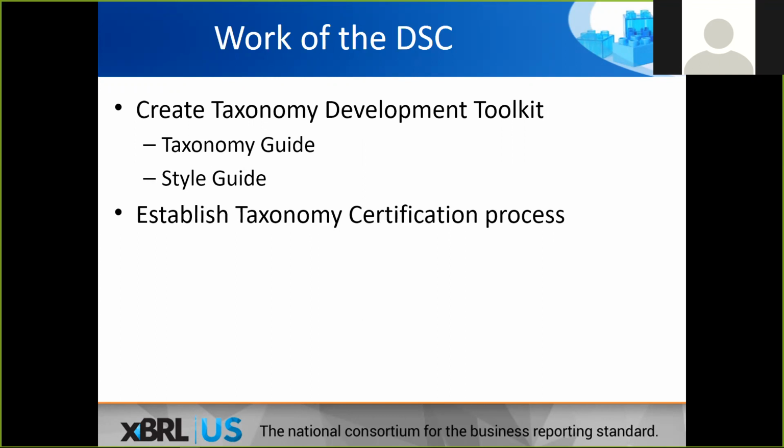So what we did is we established a certification process in the last year, and we have certified or approved one taxonomy, that being the work in process taxonomy. And that was done through the process of creating metrics.